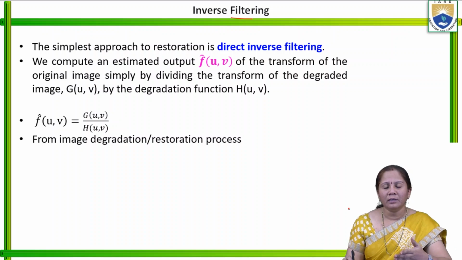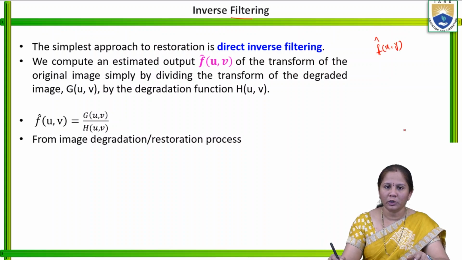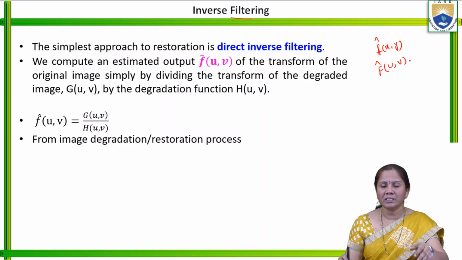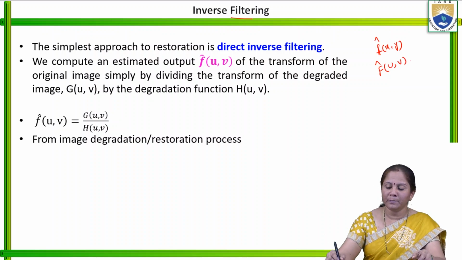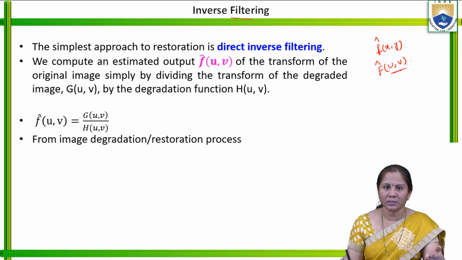The output we expect is f cap of x comma y in the spatial domain. In the frequency domain, we have to get F cap of u comma v, that is the estimated output. The estimated output should be similar to the original image, so noise should be reduced.